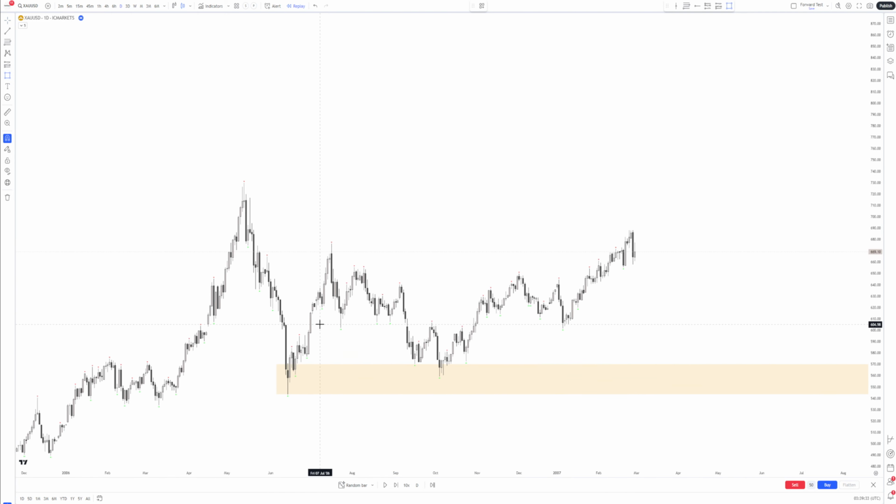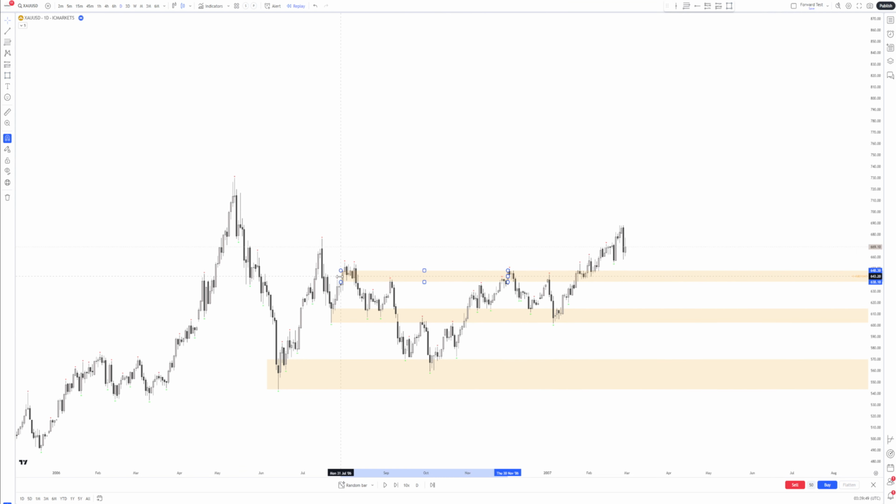Then you can see price had another area with a zone there, and then we're going to do another zone somewhere price had a reaction off of.